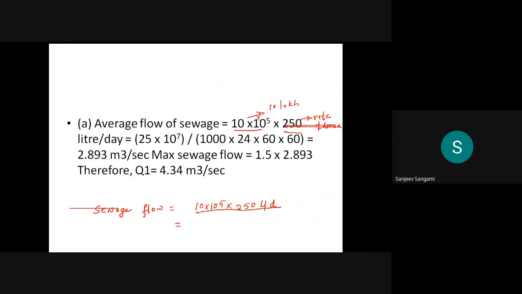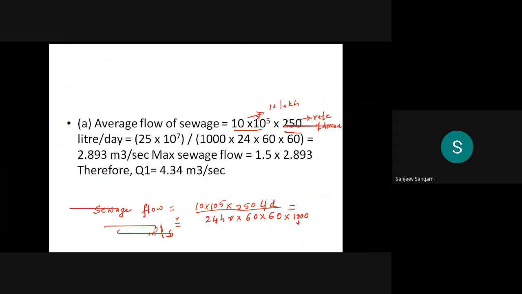How exactly are we going to convert it? A day is 24 hours, into 60 minutes, into 60 seconds. Then we have to convert this into meter cube per second, so it is divided by 1000. Why?